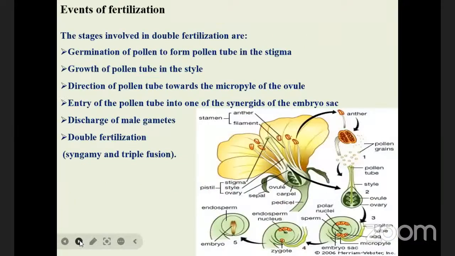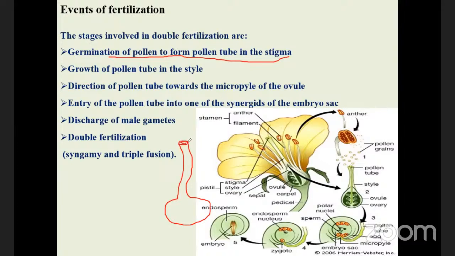Then you can see the process of fertilization. What are the steps involved in fertilization? The first one is germination of the pollen to form the pollen tube on the stigma.